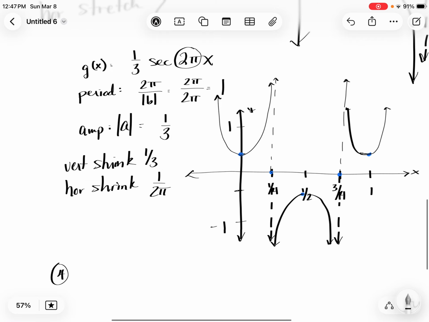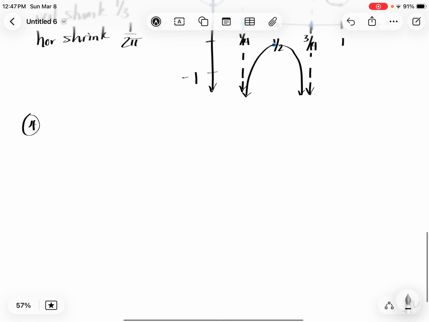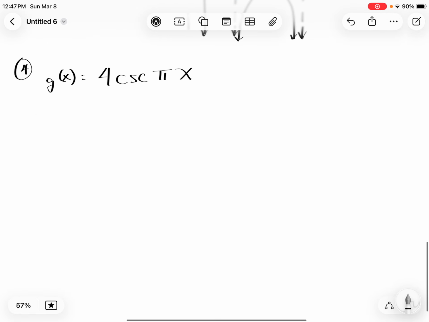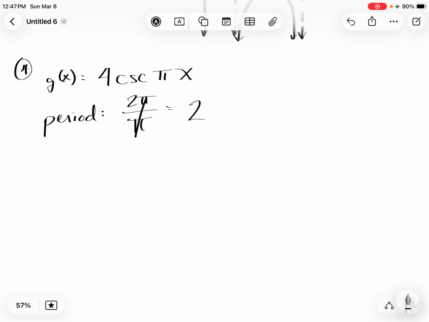Number 4. g of x equals cosecant of pi x. So again, I'm going to do the same thing. Period is going to be 2 pi divided by b, which in this case is pi. The pi's cancel, and you're left with just 2.